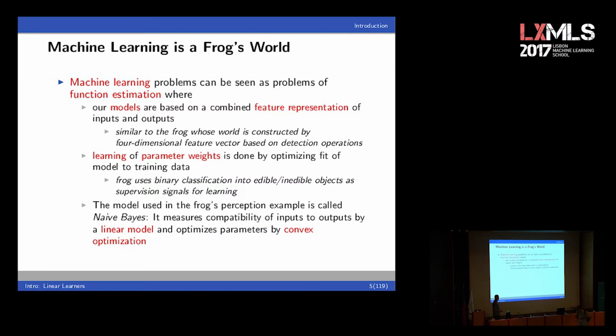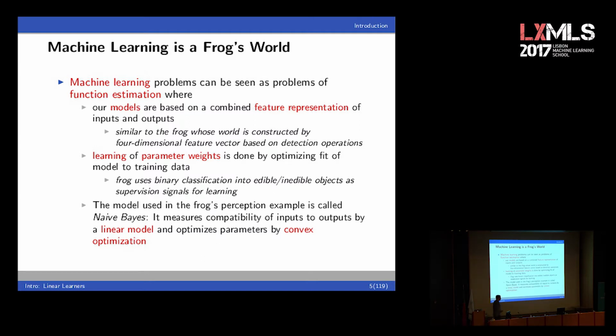So there's no principal difference. And then what machine learning does, based on these feature representations, is learn parameter weights by optimizing a model. These are the probabilities that we learned. We have to learn that from data, and then we want to apply it to unseen data.